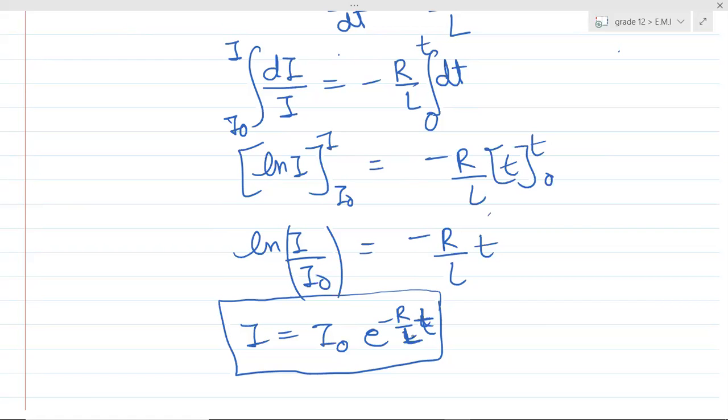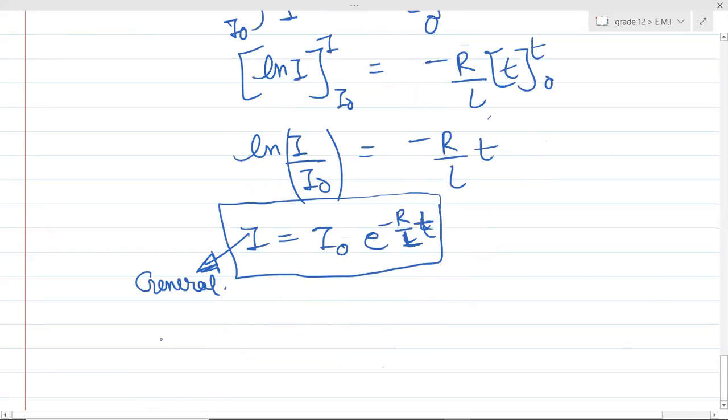Where this I is basically the general current at a general time t, any general time instant. And what is I naught?